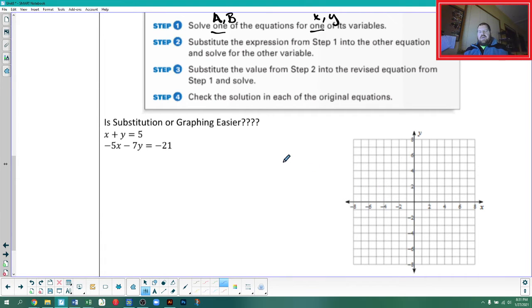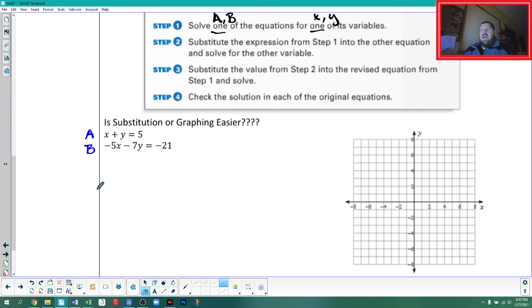But looking at this, we can do both methods. And this really shows kind of the severity that these problems can get to. So I need to pick one of my equations, A or B, and solve for one of the variables, X or Y. Personally, when I'm dealing with substitution, I'm always looking for an equation that has a variable with no number in front.